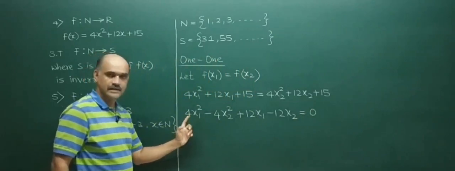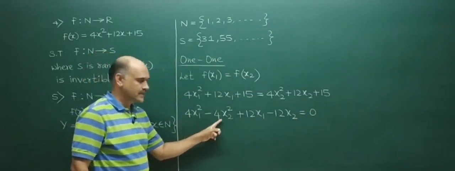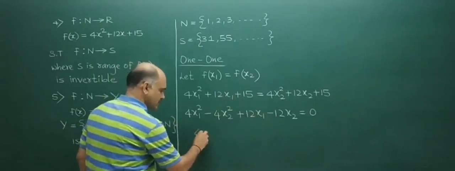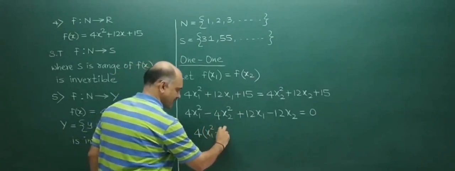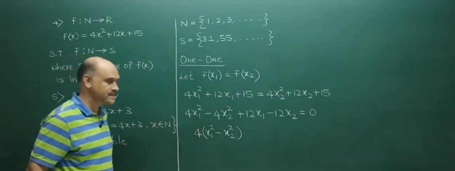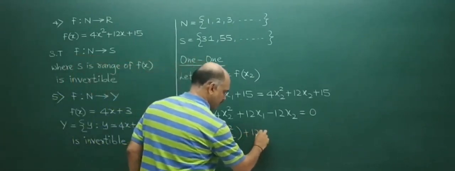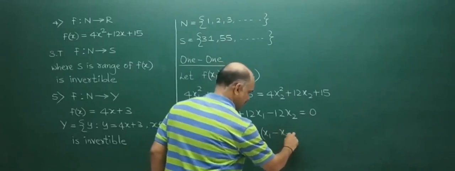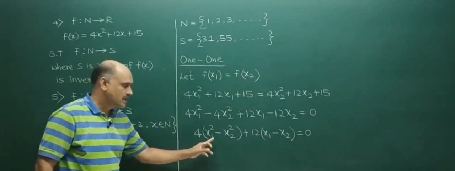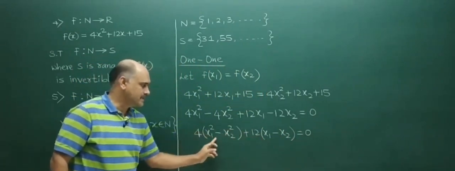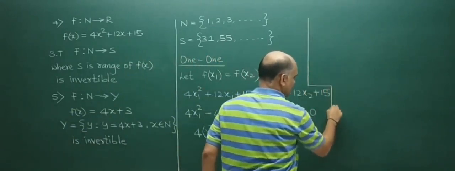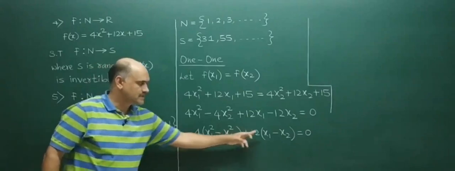Now simplify. Among these two I can take 4 common, among these two I can take 12 common. So 4 times (x1 square minus x2 square) plus 12 times (x1 minus x2) equal to 0. Now among these two terms, what common can you take?